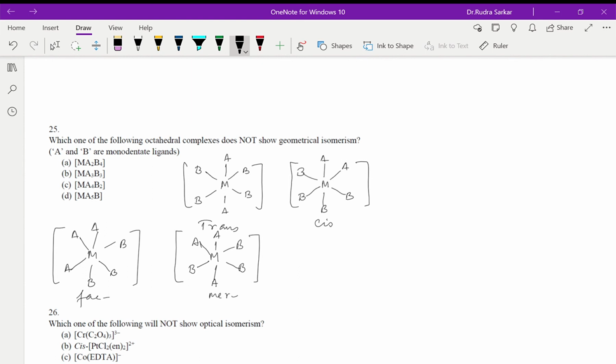How? We have A, A. So this is your cis, and that should be your trans.